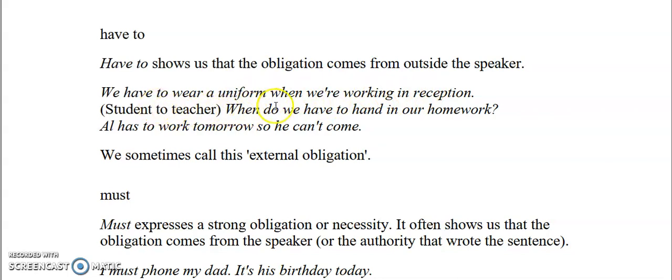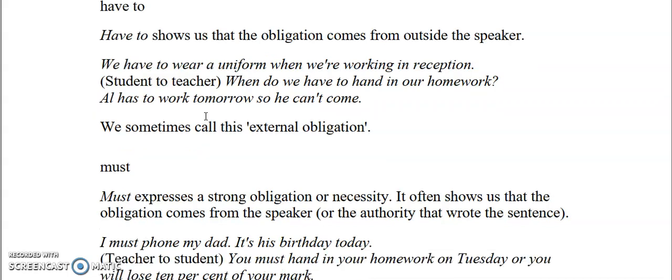Students to teacher: when do we have to hand in our homework? Al has to work tomorrow, so he can't come. Meaning the obligation comes from an outside body, person or agency, or a regulation. We sometimes call this external obligation.